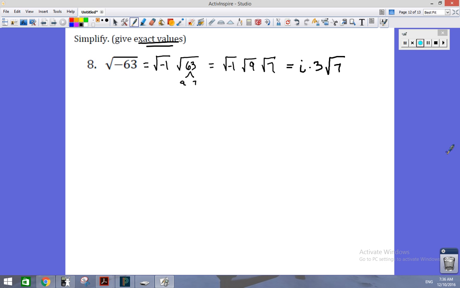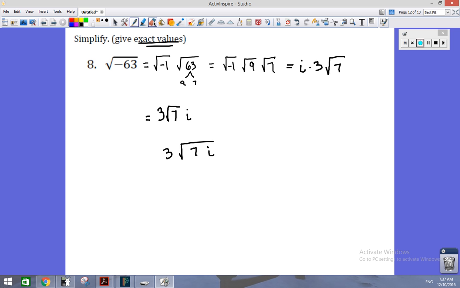Now, when they're writing their answers in a textbook, when it's typed, it's pretty easy to read, and you'll see it typed as 3 times the square root of 7 times an i. Well, in my handwritten notes, sometimes I'm sloppy, and I don't want this radical line to go too far and accidentally make people think that i is part of the radicand underneath that radical.